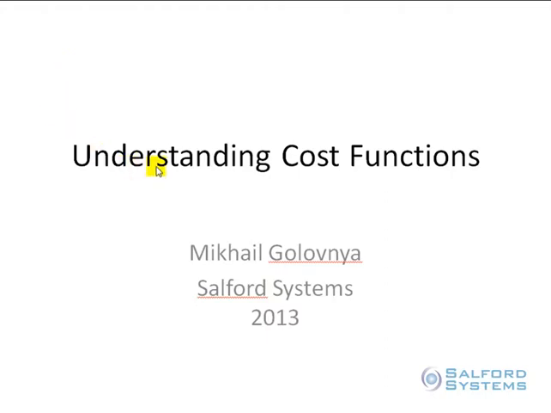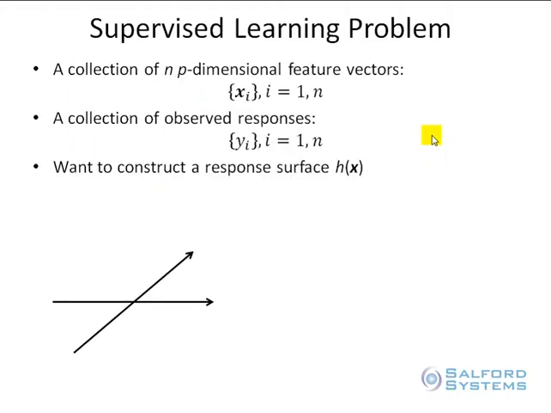Okay, so first, let me reiterate what a supervised learning problem is all about. It all starts assuming that you have a collection of p-dimensional feature vectors, x sub i, and there will be n of those vectors.